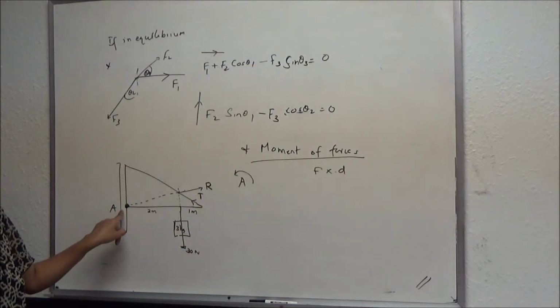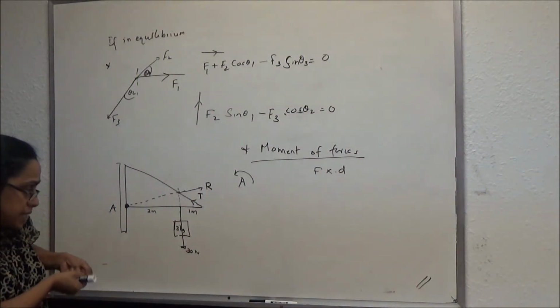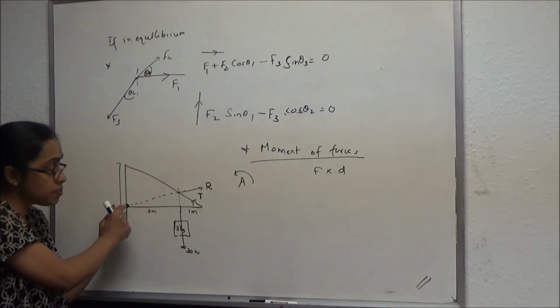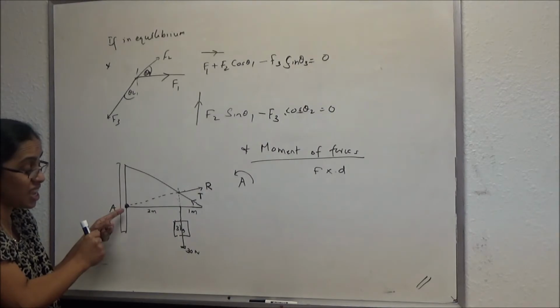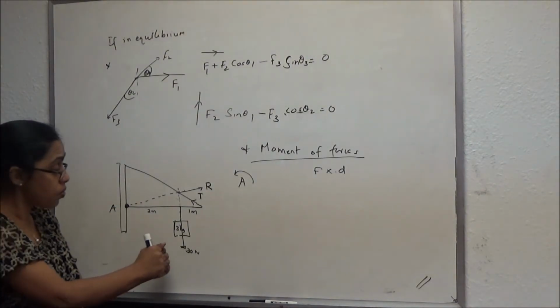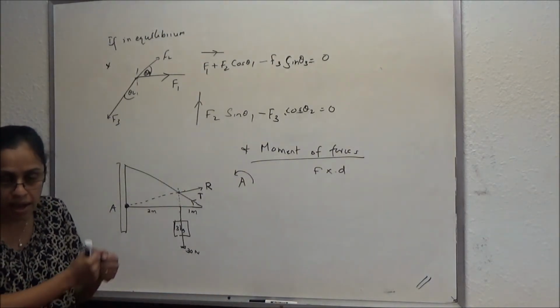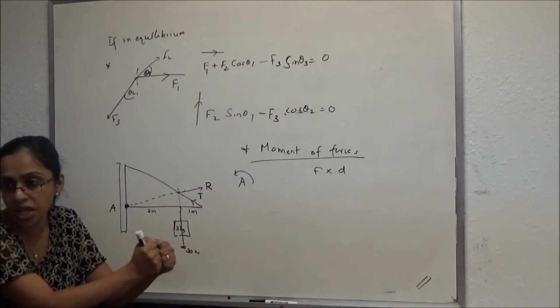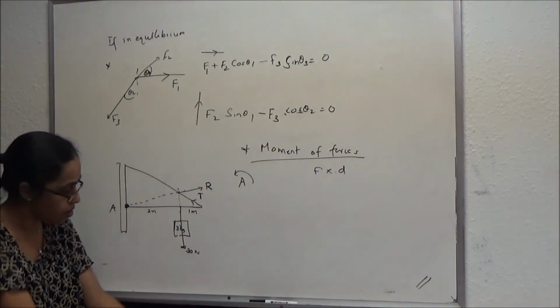Understand? Alright. So, moment is how this is being pulled. If this system is being rotated at A, how is this 30 Newton force being pulled around A? Do you understand what I mean? That's the moment. Alright.